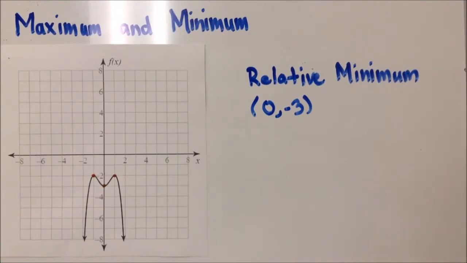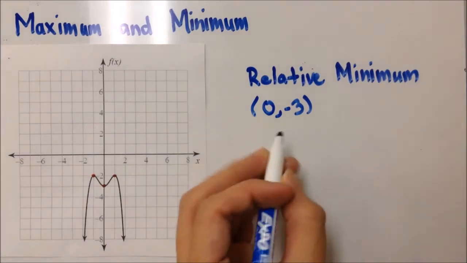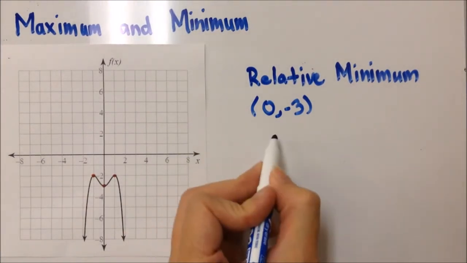Well, in this case, neither one of them is higher than the other. They're actually both the same height or same level. So since there's more than one maximum, it's going to be classified as absolute instead of relative. So we're going to have 2 absolute maximum.